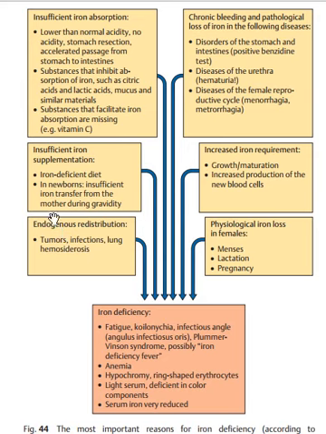The next one is endogenous redistribution. Is it clear? Endogenous redistribution, like in the case of tumors, infections, and hemosiderosis, can cause iron deficiency. Particularly infection, because infection uses the iron in the body in order to spread. Is it clear? Now we have another one, which is chronic bleeding.